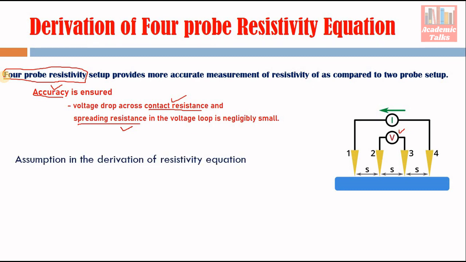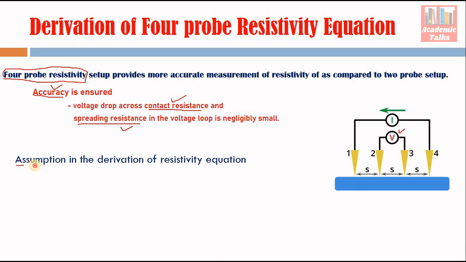Okay, so when we derive a mathematical equation, you know the mathematical equation is necessary because that gives us more accurate and more quantitative measurement of the data. So if you want to derive a mathematical relationship between voltage, current and resistivity of the material, we have to make certain assumptions.